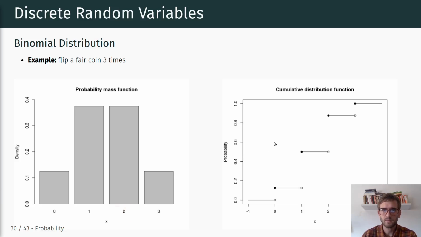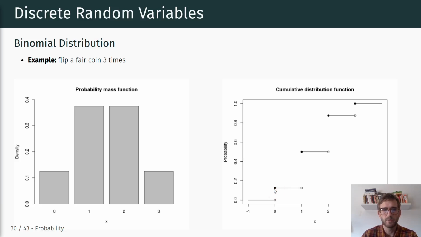Okay. The cumulative distribution function then gives you the probability of observing an outcome that is smaller or equal to a specific value, right? So observing a value smaller than 0 is of course 0, because you can't observe fewer than 0 heads.